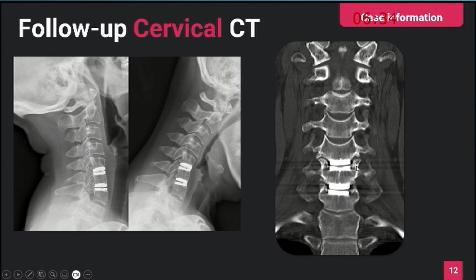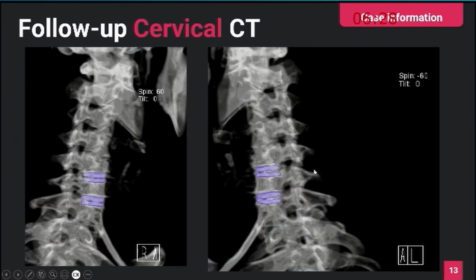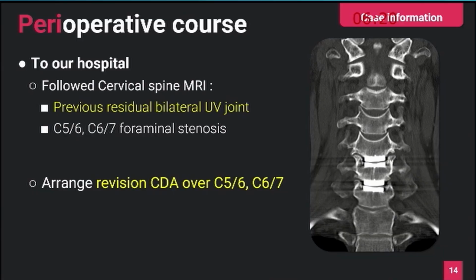And there is bilateral incomplete decompression of the UV joint over C5-6 and C6-7. And in the reconstructive CT, you can see there is still foraminal stenosis over here. So we decided to arrange a revision CDA over C5-6 and C6-7.